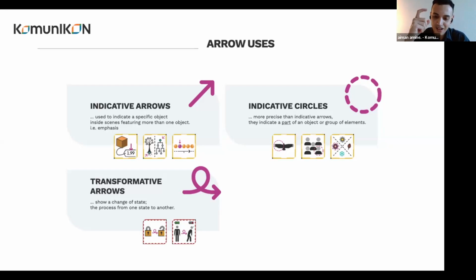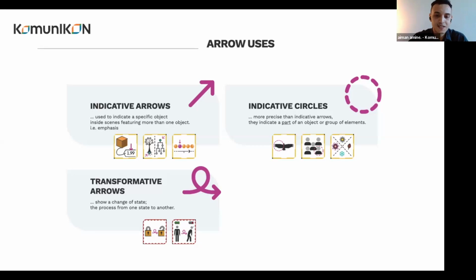When you see a locked lock, does it mean that it's locked or that you have to click this lock to unlock it? And so here this question got raised of how can we really solve this issue? And hence we introduced a transformative arrow that shows actually the moving from one state to the other.